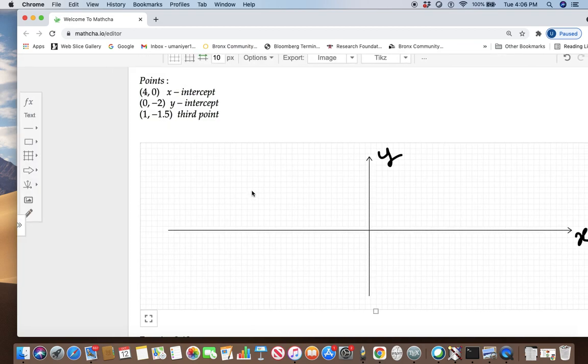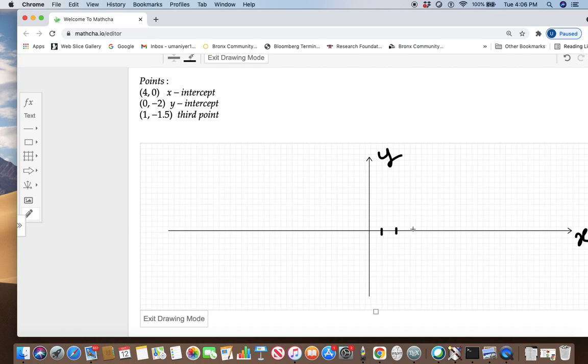Right? So, 4, 0. 1, 2, 3, 4. That's 4 on the x-coordinate. Y-coordinate is 0, so you don't go up or down. You stay on the x-axis. 0, negative 2. On the y-axis, it's negative 2.